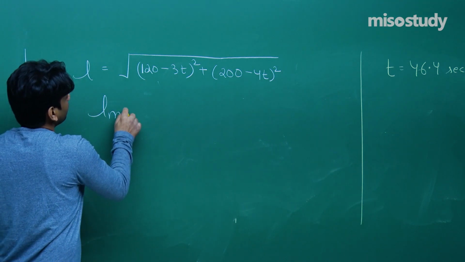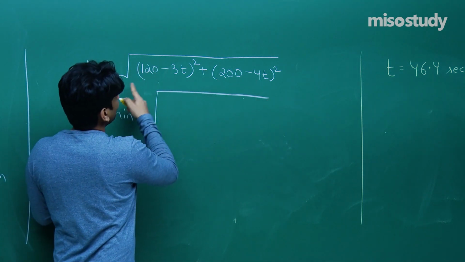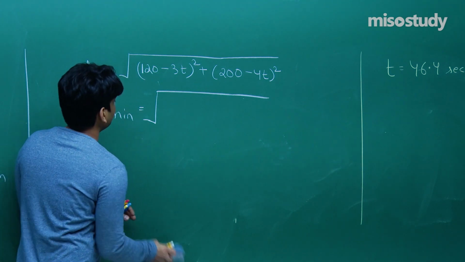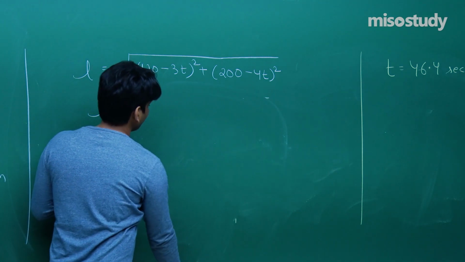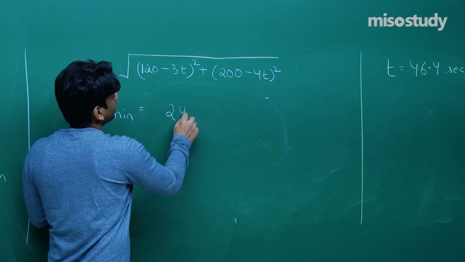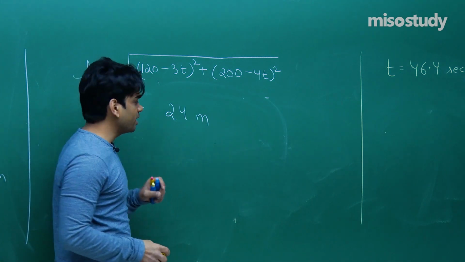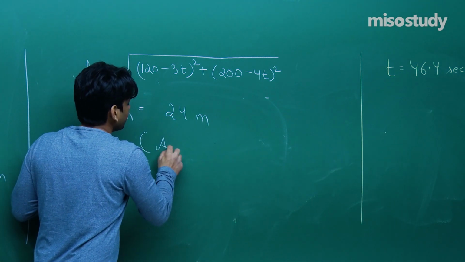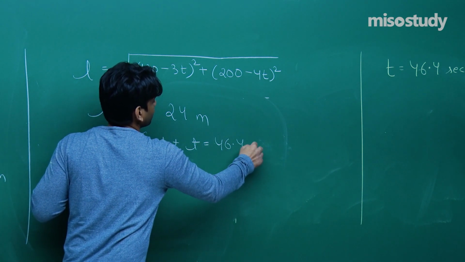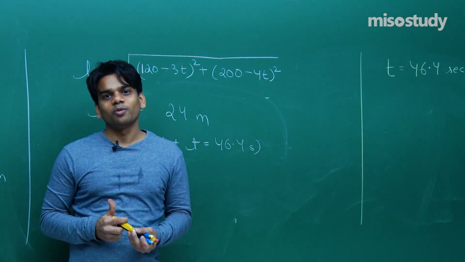L minimum will come out to be, put here under root (120 minus 3t) whole square plus (200 minus 4t) whole square. So I'm directly writing L minimum. If you put here t equals to 46.4, you will get that as 24 meter. This is the minimum value of L that you will be obtaining. Only thing that you have to do, at t equals to 46.4 second, is substitute this value. So this is how you are going to find out the minimum value of L.